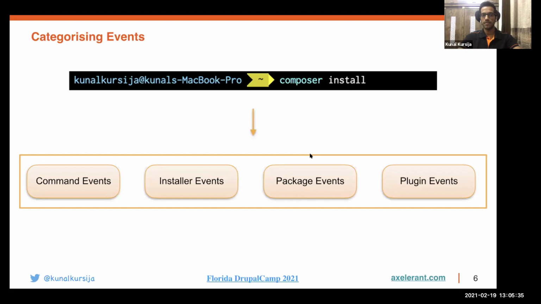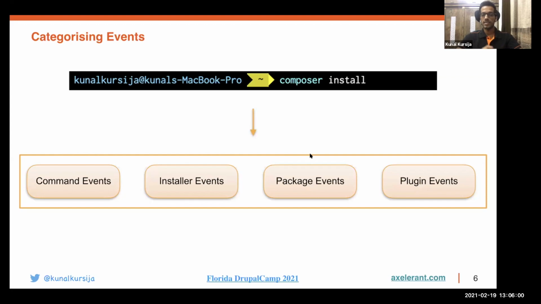As we said, whenever any Composer command is executed, Composer fires different events based on the command you are executing. These events are categorized into four types. First is command events, then installer events, package events, and plugin events.